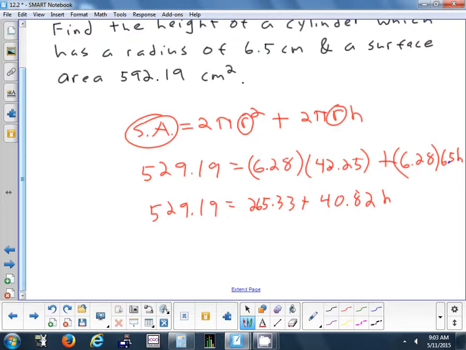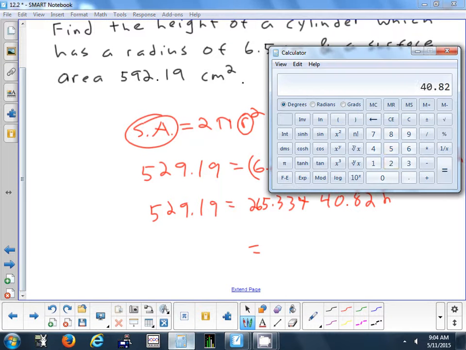What would I do next to get h by itself? Yeah, just take that 265.334 and move it to the other side. So take 529.19 minus 265.334.